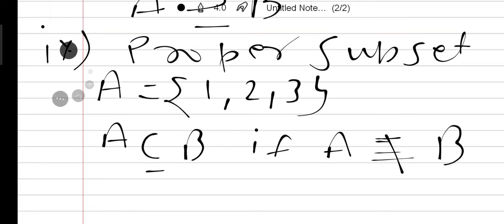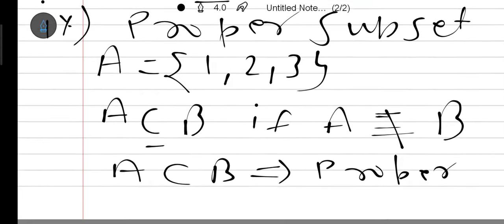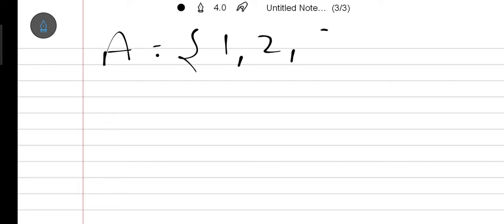Then it will be written as A is a subset of B, and this is called a proper subset. I know you have not understood this yet. To make you understand, suppose A is 1 2 3.